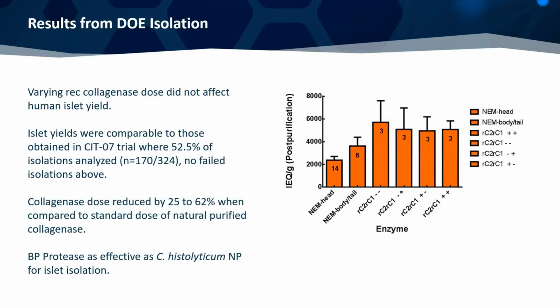We controlled the digest to see if maybe we had a bad organ by using NEM, which was a new enzyme mixture that at that time Bala had shown worked better than any other enzyme mixtures that he had tested with recombinant natural purified collagenase enzymes.